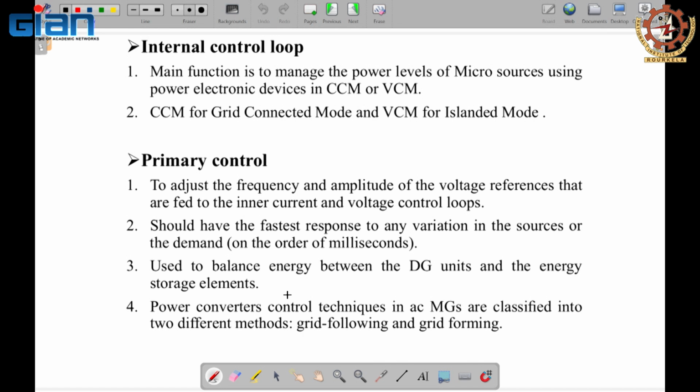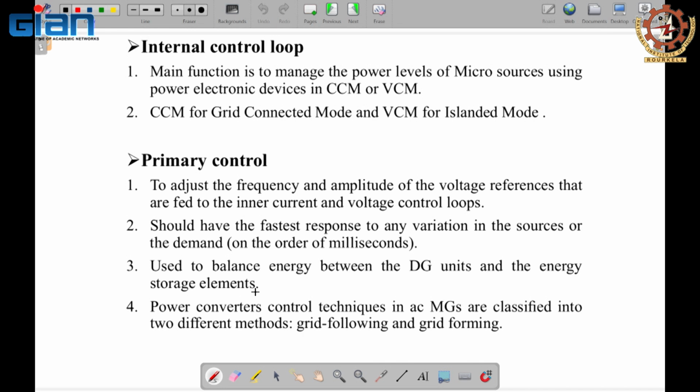So there can be two different modes of operation for this microgrid, these power electronic converters, what is called the grid following and grid forming. Okay.